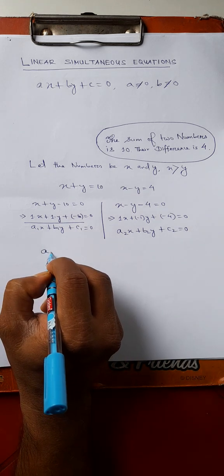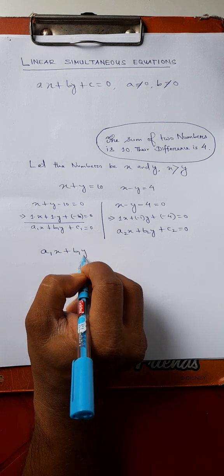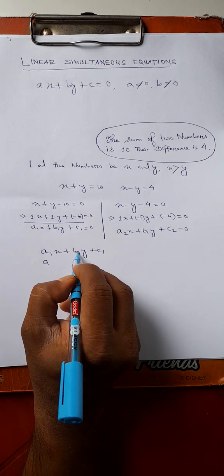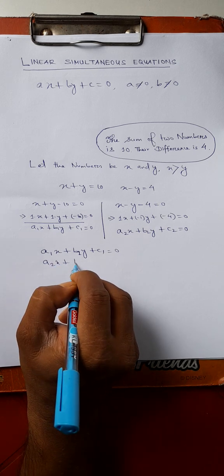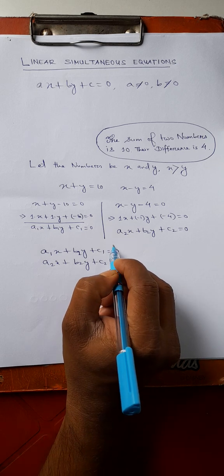Now, two linear equations in variables x and y: a1x plus b1y plus c1 equal to 0, and a2x plus b2y plus c2 equal to 0.